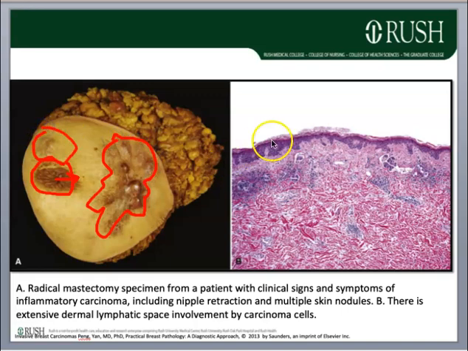And then histologically, what we see is a section of skin here in which the dermal lymphatics are dilated because there are tumor emboli sitting in these spaces. For comparison, here's an empty dermal lymphatic space.